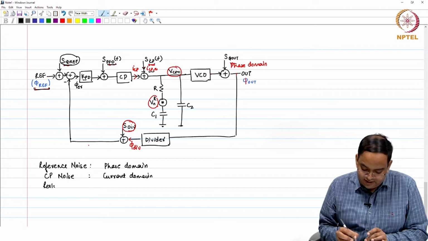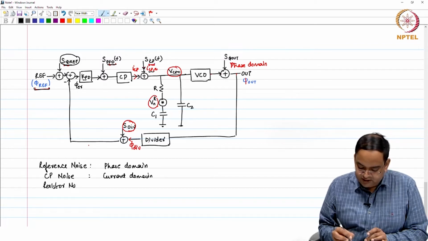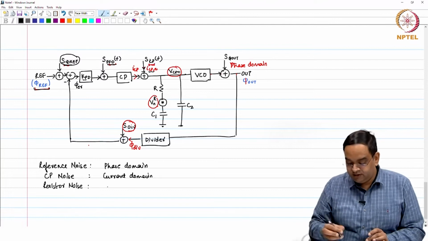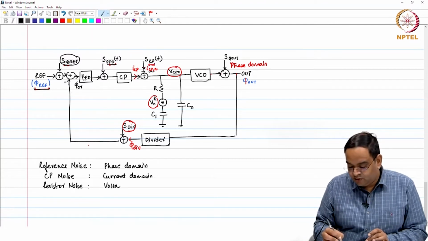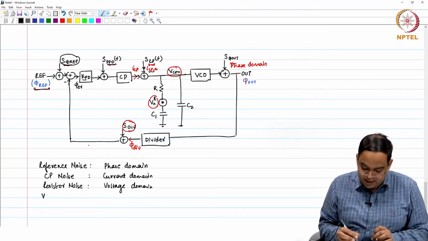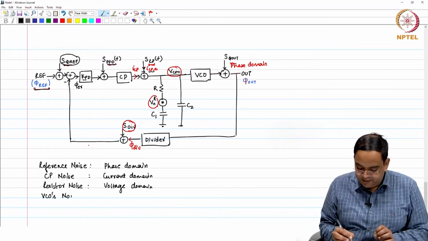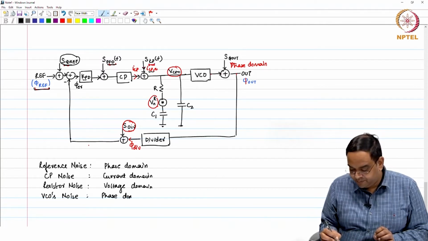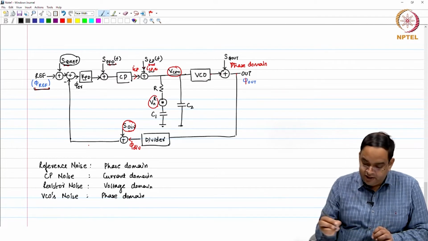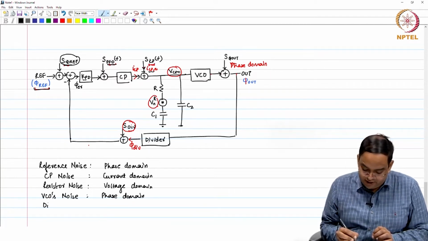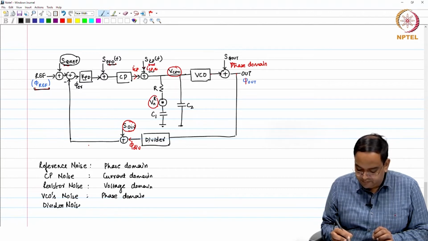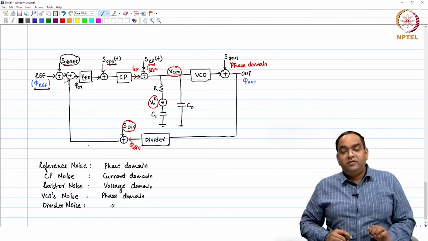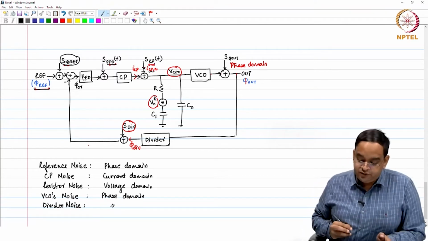Resistor noise, that is in voltage, because somehow it adds at the node where it changes the voltage. You can use current also, but finally you have to look at the control voltage. And VCO's noise is in phase domain, okay, and your divider noise is in phase domain. Right. So, we found all these noise sources.